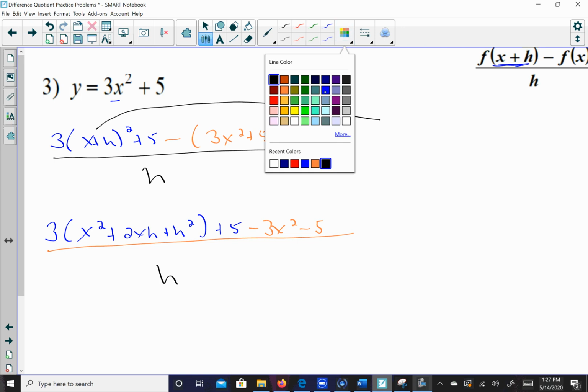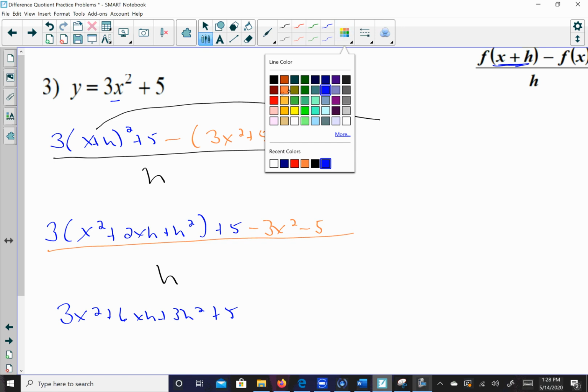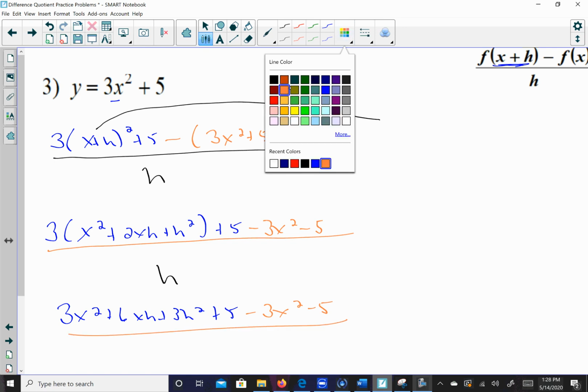Distributing the 3, I'm going to have 3x squared plus 6xh plus 3h squared plus 5, and then minus 3x squared minus 5 all over h.